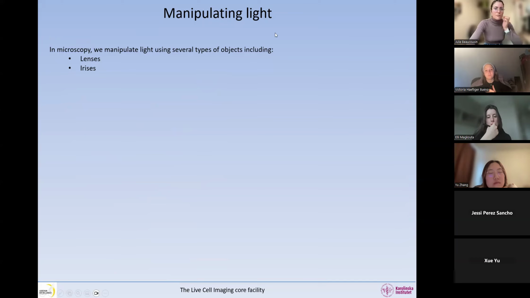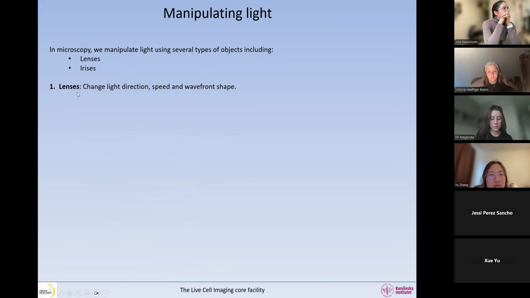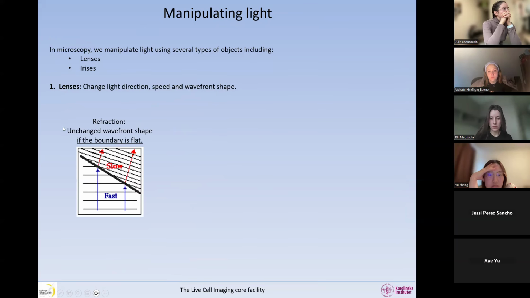Now let's see, what can we do to manipulate light? So in microscopy, we use two different objects to manipulate light. We use lenses and we use irises. The lens will change the light direction, its speed and its wavefront shape. So for example, I've told you before that if we have refraction, the shape of the wavefront is not changed if the boundary is flat.